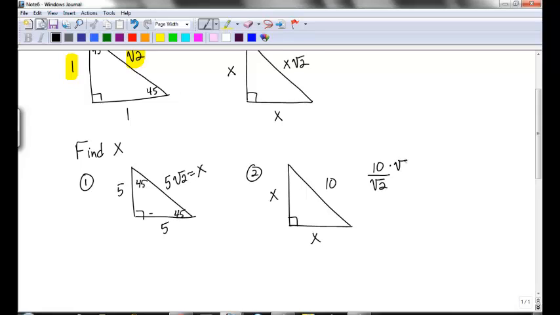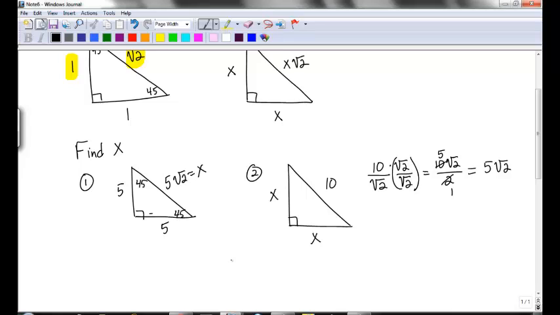Multiply by radical 2 over radical 2, in the top and the bottom, because you're actually multiplying by 1. You'd have 10 radical 2 over radical 2 times radical 2, which is 2. Now you can reduce this 2 with the 10. You can't reduce it with the 2 underneath the radical, so 5 radical 2. So both sides would be 5 radical 2.